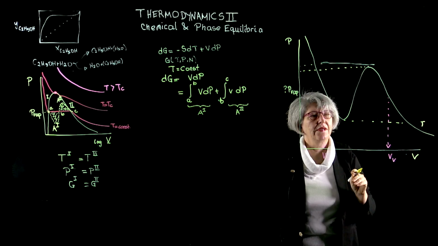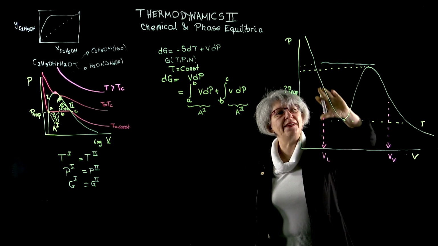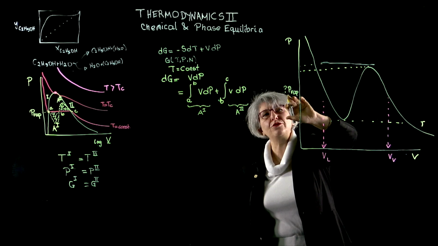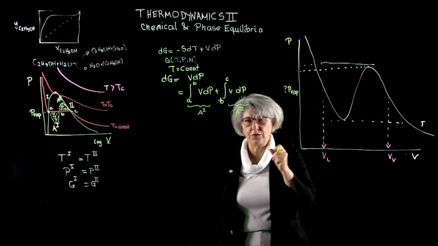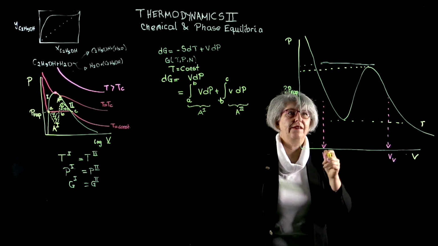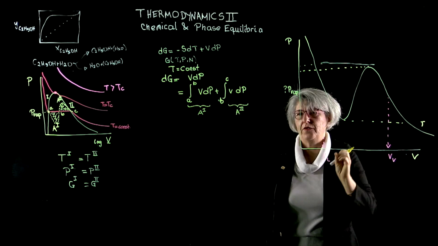All right? So for this temperature, we can have infinitely many different values of vapor pressure if our objective is to find a volume for liquid and a volume for vapor.